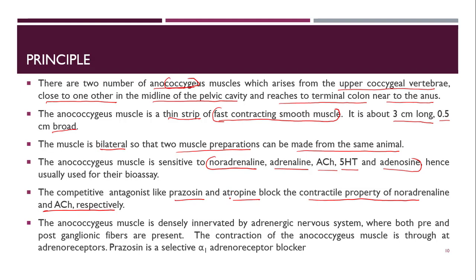But that experiment and this experiment are one and the same if we are calculating the pA2 value using the anococcygeus muscle. This muscle is densely innervated by the adrenergic nervous system, where both pre and post ganglionic fibers are present. So the contraction of the anococcygeus muscle is through adrenoceptors. Prazosin is a selective alpha 1 adrenoceptor blocker.